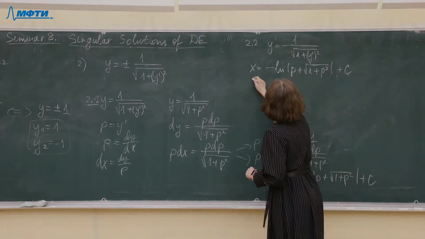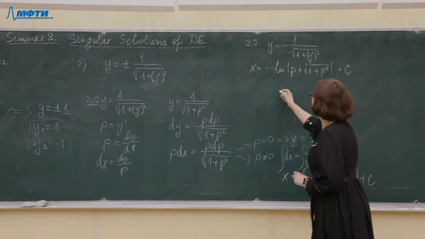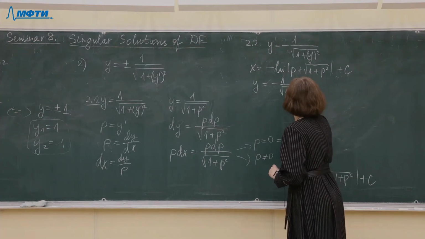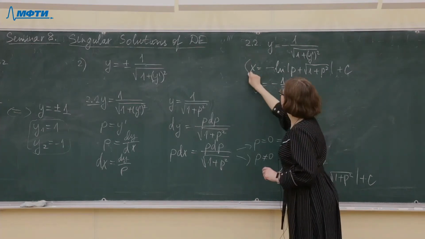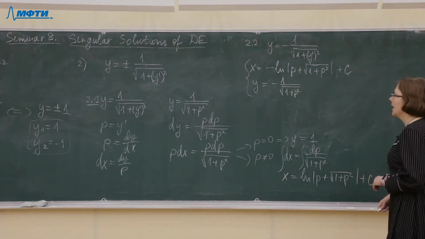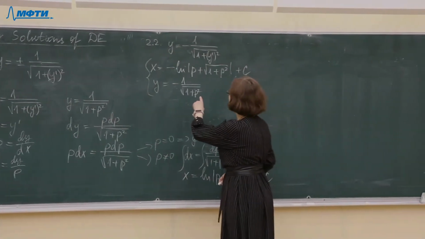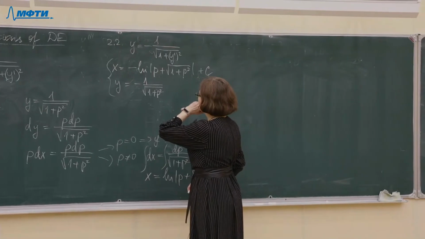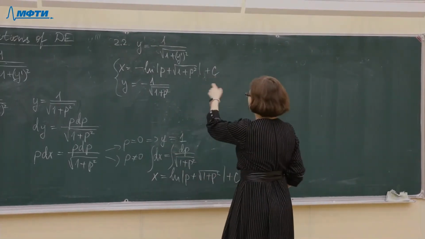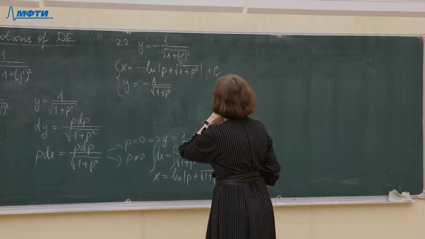And y equals minus 1 over root 1 plus p squared. And now we can solve for p and substitute it into this logarithm.